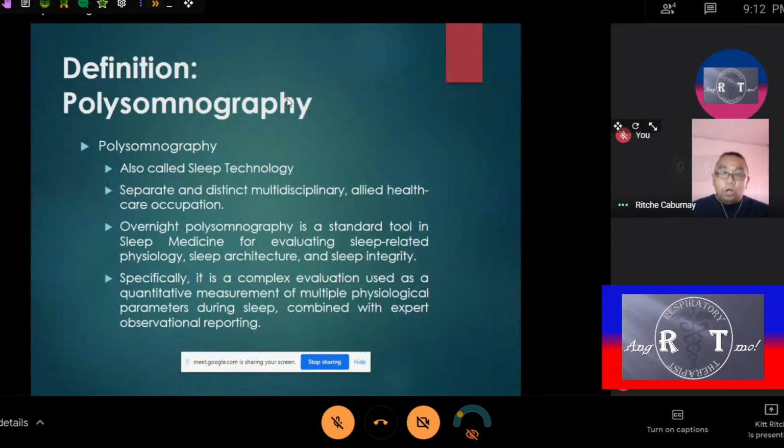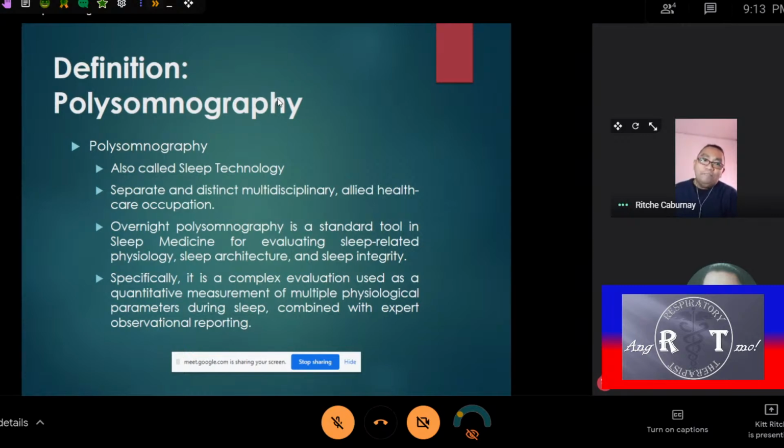Okay? So overnight polysomnography, of course, is a standard tool in sleep medicine. What it does is evaluate sleep-related physiology, sleep architecture, and sleep integrity. Specifically, it's a complex evaluation used as a quantitative measurement of multiple physiological parameters during sleep, combined with expert observational reporting. If I'm going to use a Tagalog term, literal na tayo nagbabantay ng pasyenteng natutulog.